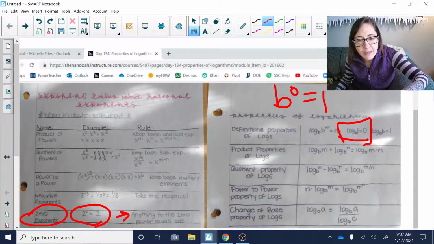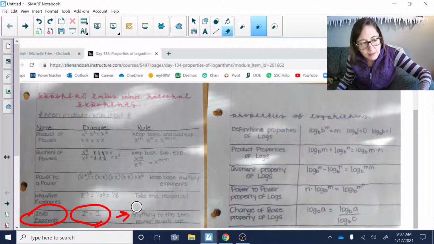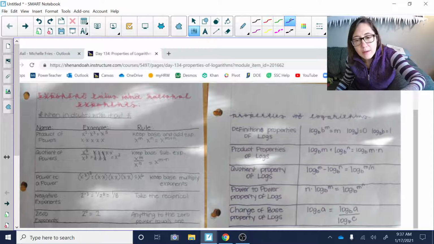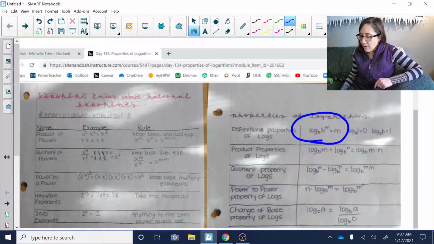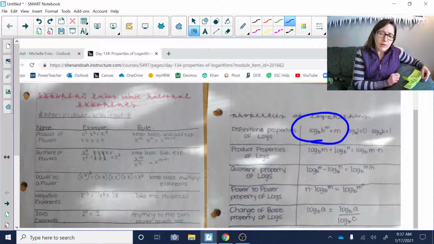And let's talk about this last one. So it's definition 1, so it's kind of like, well, yeah, that makes sense.